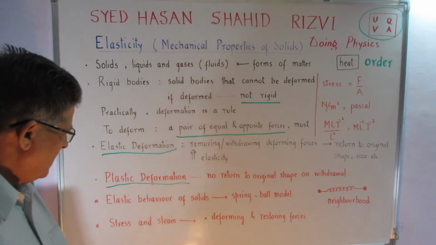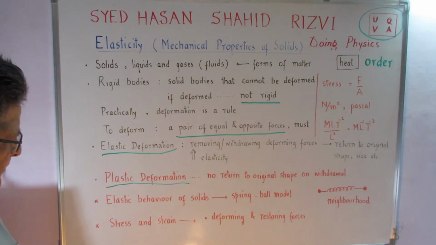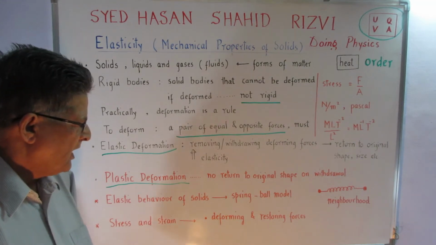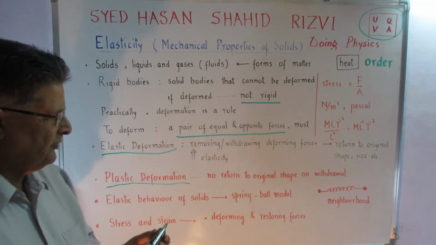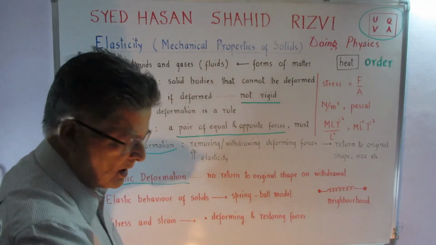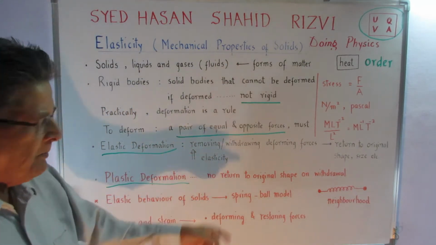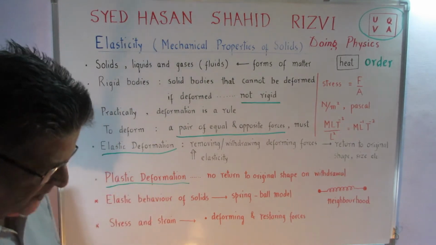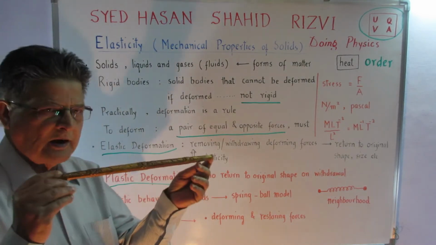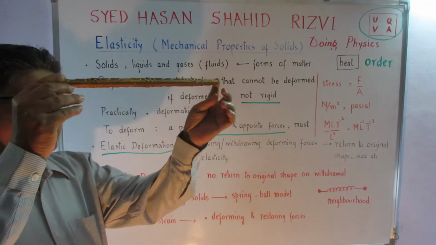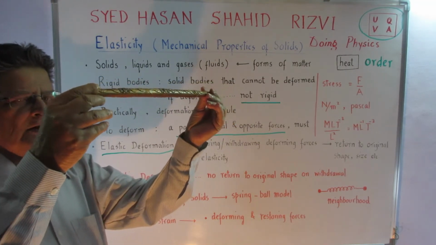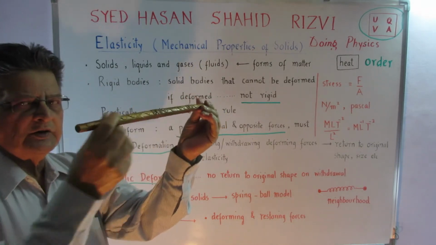Now, to discuss the elastic behavior of solids, we talk in terms of the spring ball model. In the spring ball model, I'm just taking a spring as a representative. Here there is one ball and another ball, and in between there is a spring.